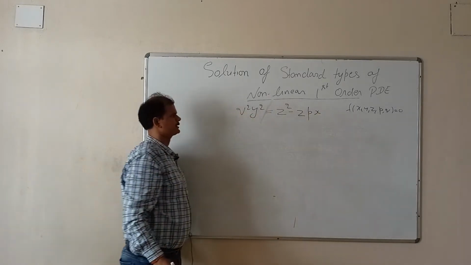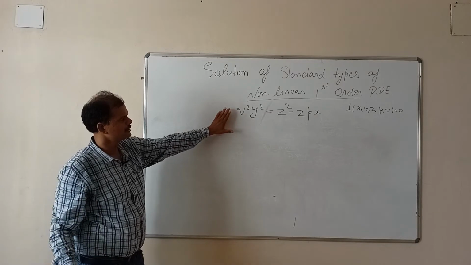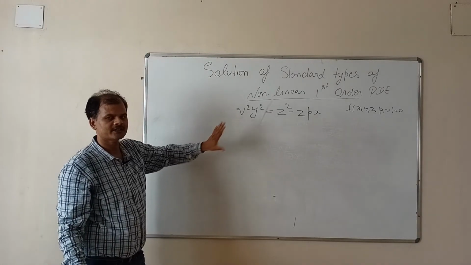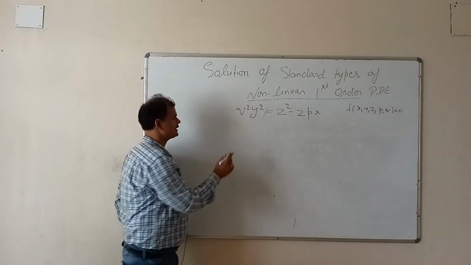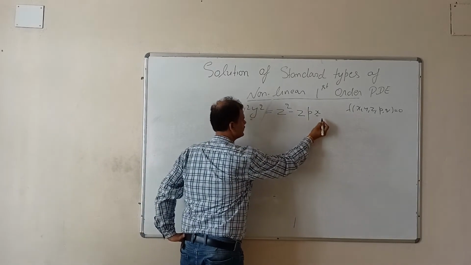Here you see this is not in the form of standard form 2, because standard form 2 needs only p, q, z. Here x and y are extra.